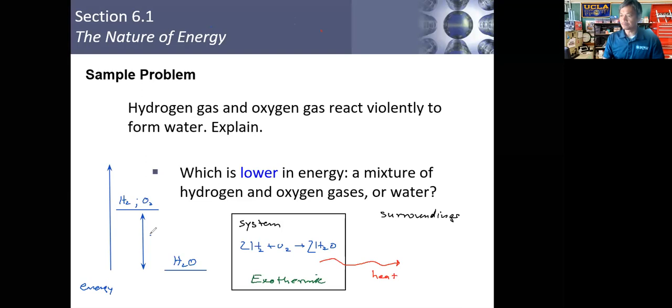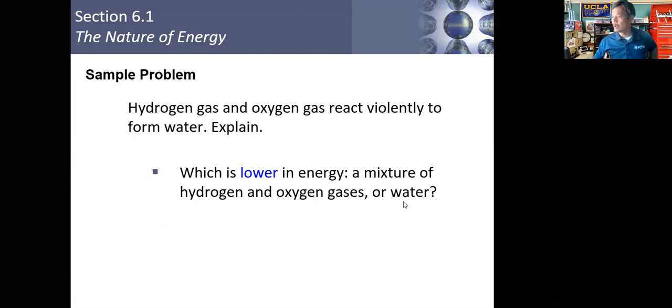The delta E here is going to show that you have a lower energy state for the product, for the water, than the reactants. So water ends up being more stable, lower in energy than the reactants.